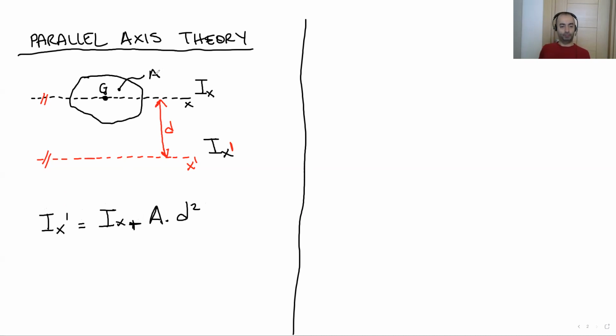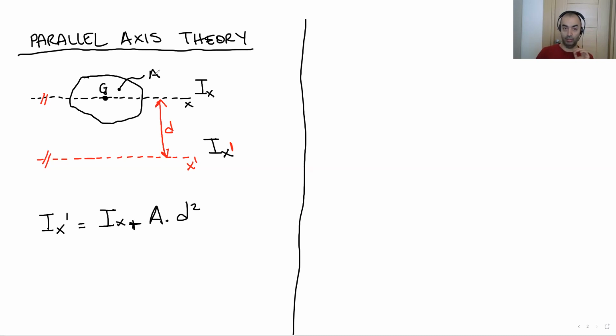What did we do here? Remember the definition of the moment of inertia. While calculating a moment of inertia, we used the area times distance squared. In the first position, on the x-axis, we have the moment of inertia. We know it; we can calculate it. But we need to shift that Ix to the new axis, x prime.